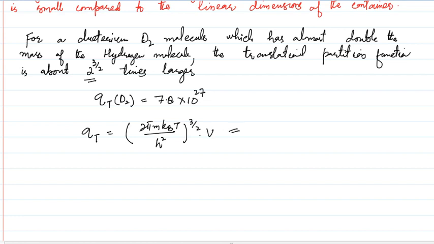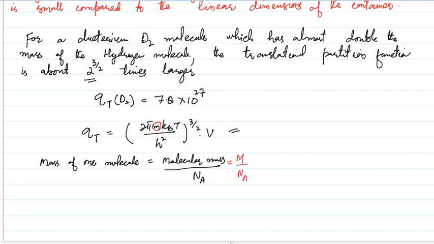This can be written as this m. You have to remember mass of one molecule is basically equal to molecular mass divided by Avogadro's number. So in place of this mass of one molecule, we can introduce the molecular mass upon this Avogadro number.